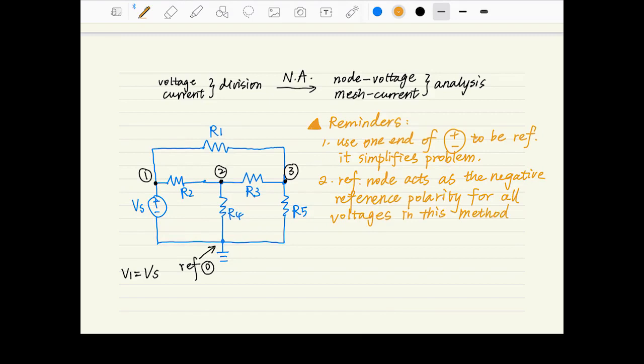The second thing is that you may be confused, because we used to say that a voltage has its positive and negative polarities, but why do we have the voltage at one node instead of across two nodes, right? The fact is that the reference node acts as the negative reference polarity for all the voltages.